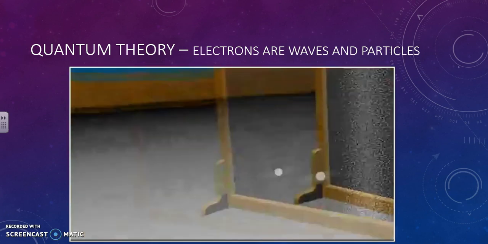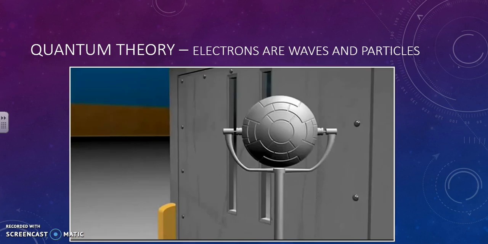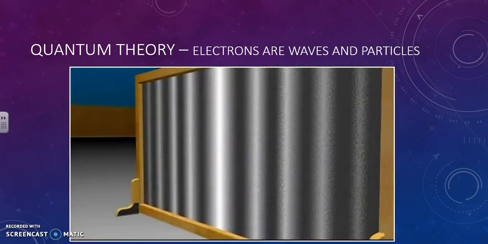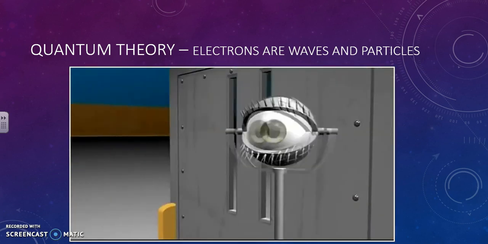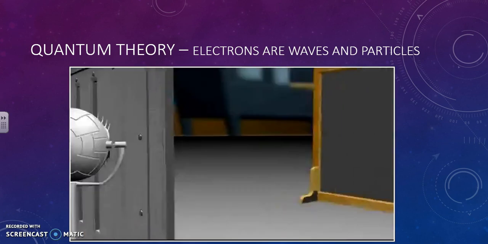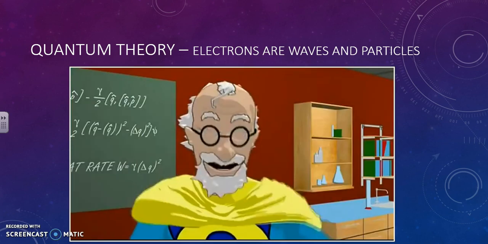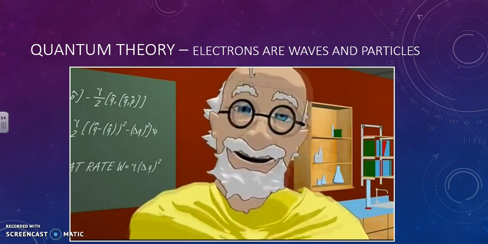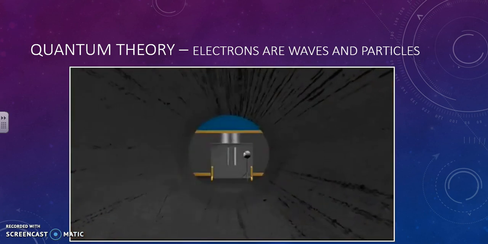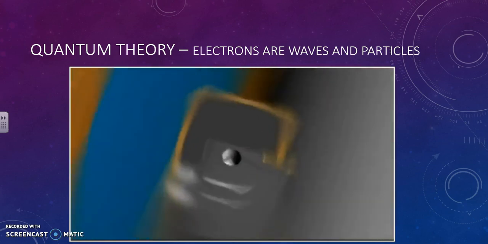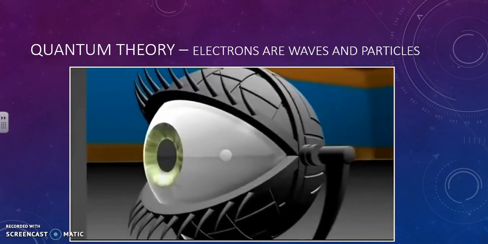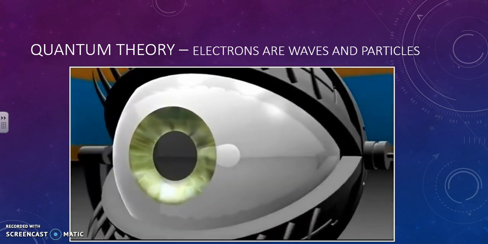It produced a pattern of two bands, not an interference pattern. The very act of measuring or observing which slit it went through meant it only went through one, not both. The electron decided to act differently, as though it was aware it was being watched.